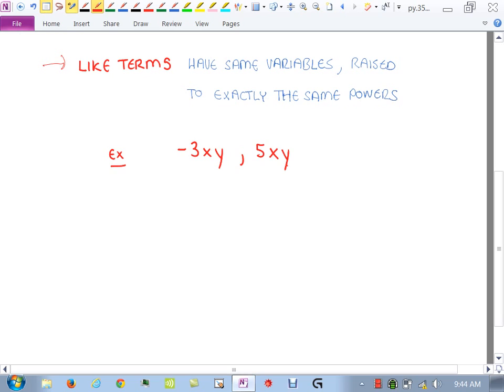Yes, because they both have x's and y's, and the powers on each of them are the same: x has a 1, y has a 1. So these are like terms. So we're good. How about this? Negative 3x squared y, and 4xy squared.